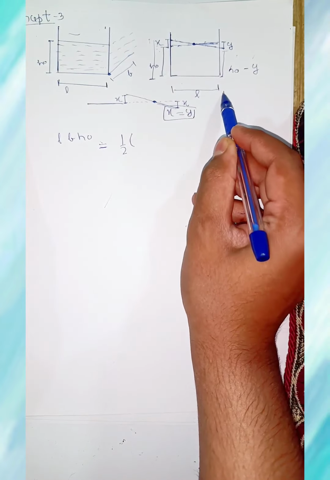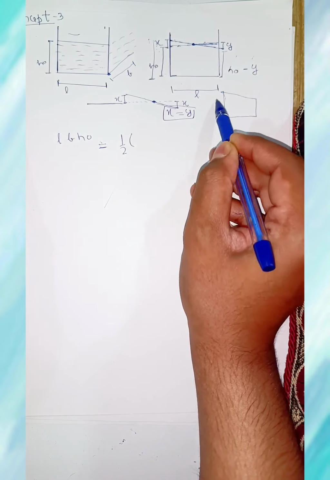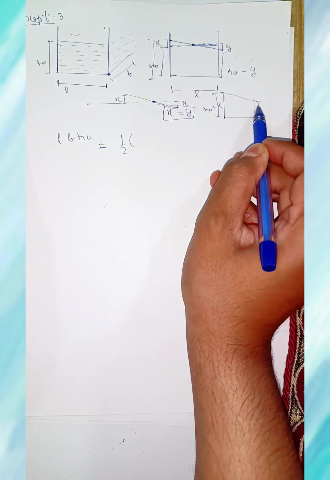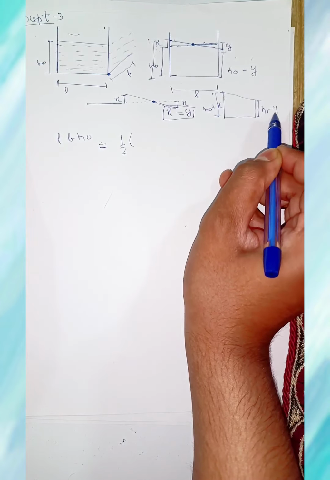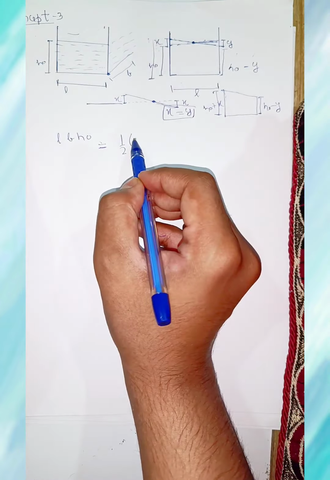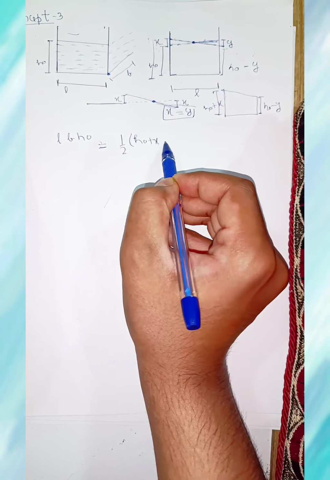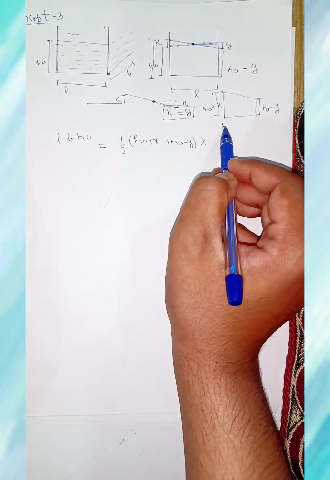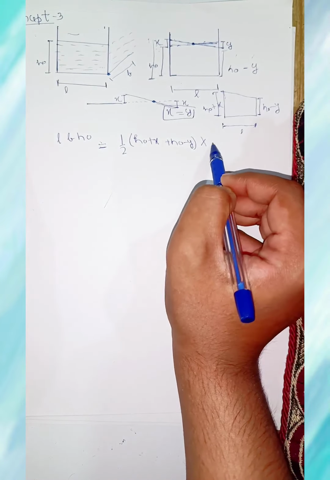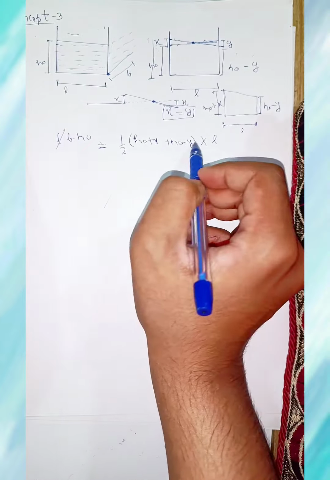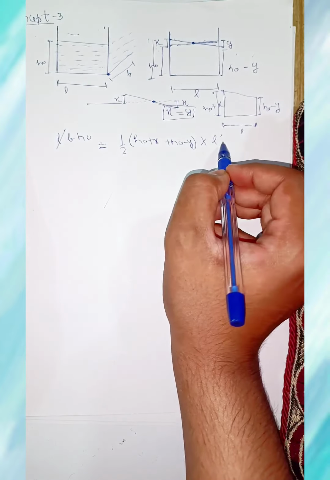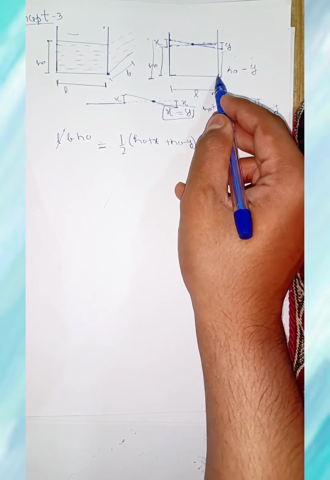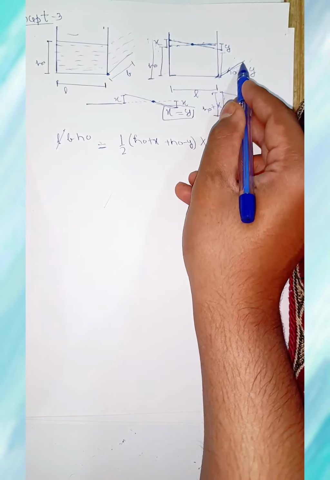So this is our trapezium like this. This is h0 plus x and this is h0 minus y. These are the two bases. Let us put here h0 plus x plus h0 minus y into the height of this trapezium. The height of this trapezium is L, so into L. Sorry, don't forget to multiply by B as well, because we have to calculate volume, not area.